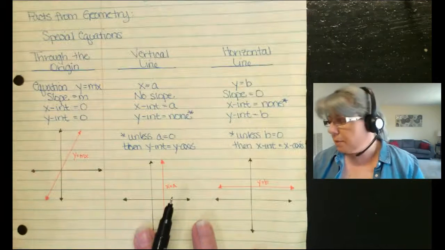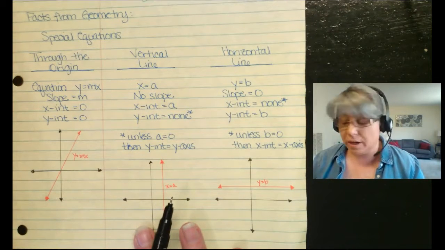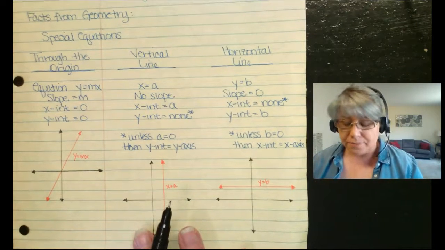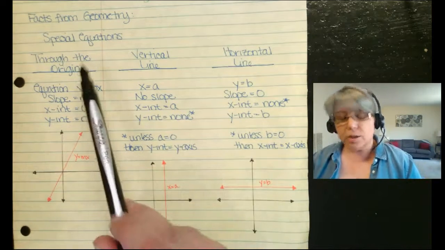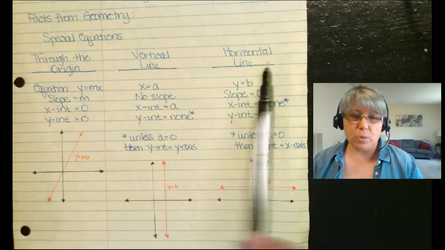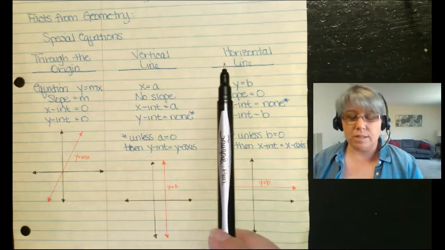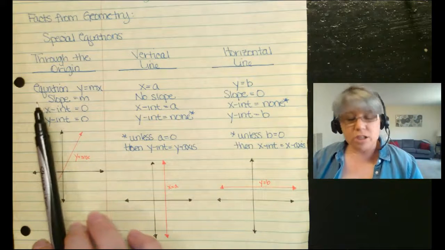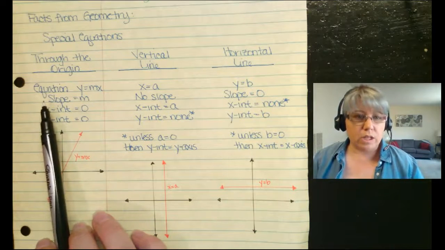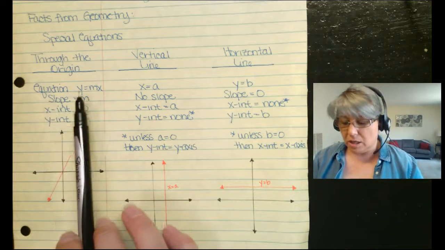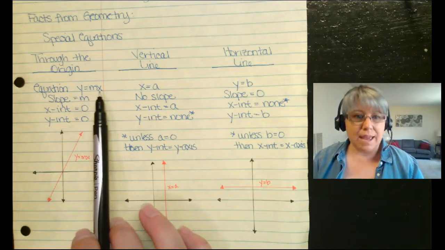Okay, the last little bit I want to chat about in this video are the special equations. And we have 3 special equations here: a line going through the origin, a vertical line, and a horizontal line. The equation of a line going through the origin is going to be y equals mx.